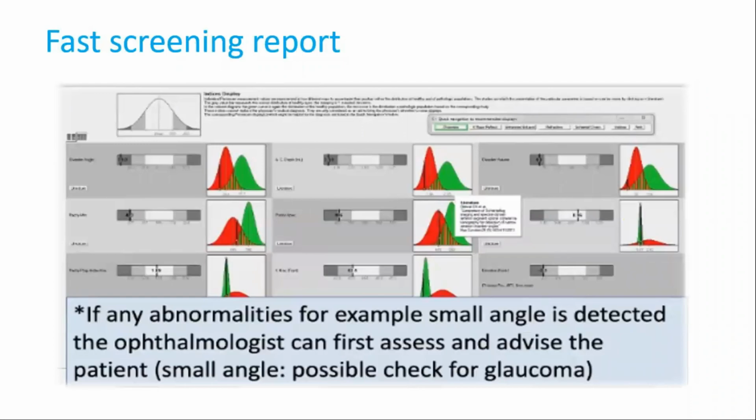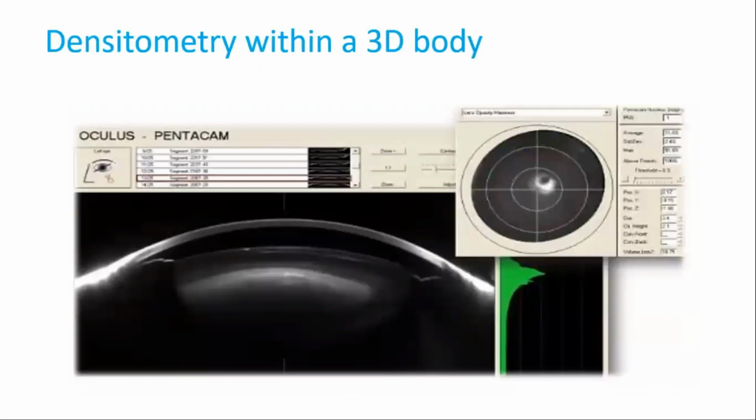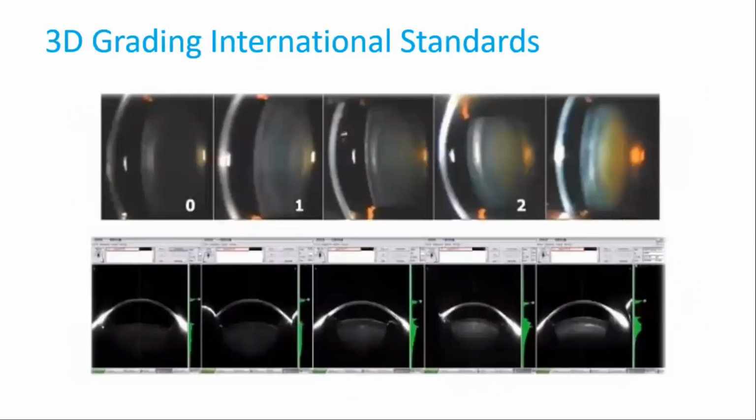So in the fast screening report, quickly we can look at if there is any presence of angle closure or risk of glaucoma. And we can detect any corneal scars or presence of any early Fuchs dystrophy in corneal densitometry. And we can assess the cataract density with the blue light illumination, and also quantify the lens opacification, which is called PNS nuclear staging.